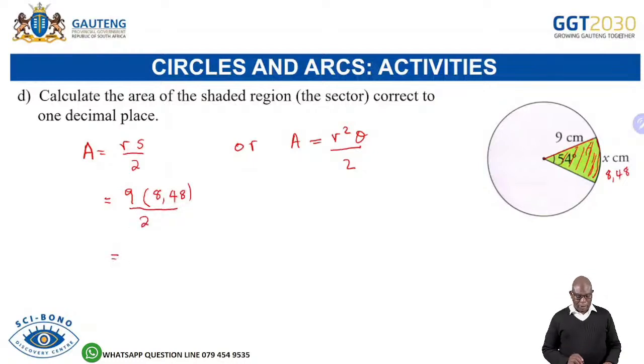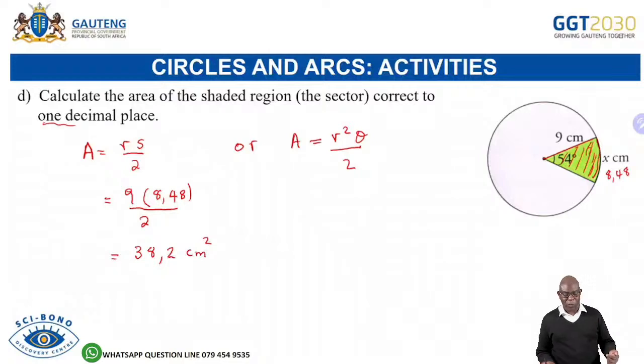Now, if I multiply this 9 multiplied by 8,48 and I divide it by 2, my answer becomes 38, and now look at the question. It says 1 decimal place. So that will be 38,2. Remember it's area, so it must be centimeter squared. Now area, it's squared. Remember the perimeter was not squared.